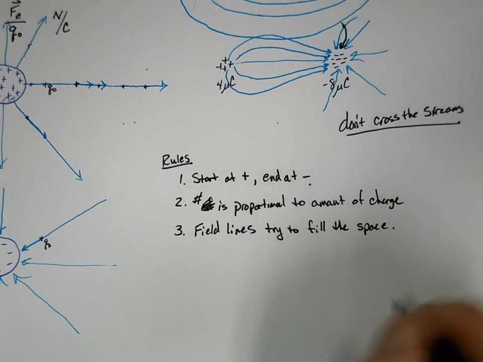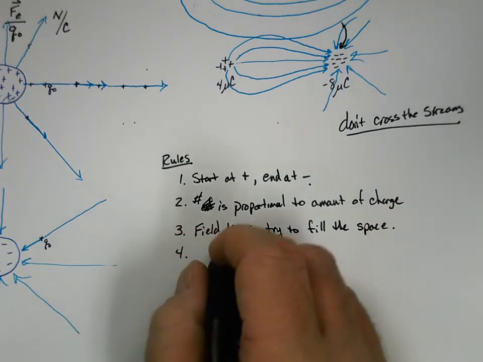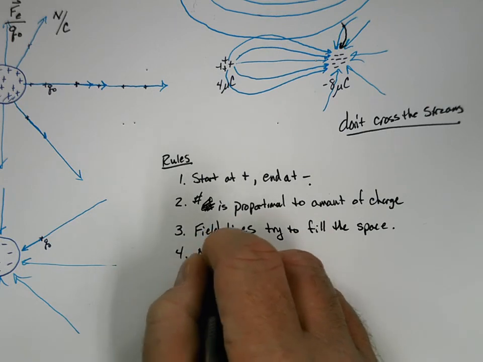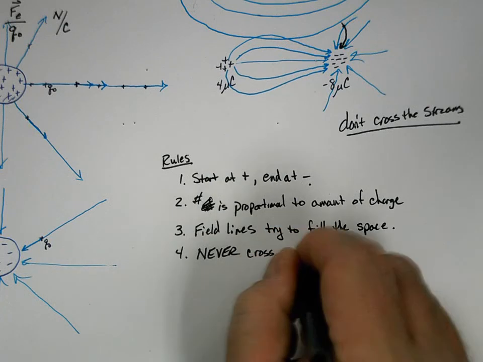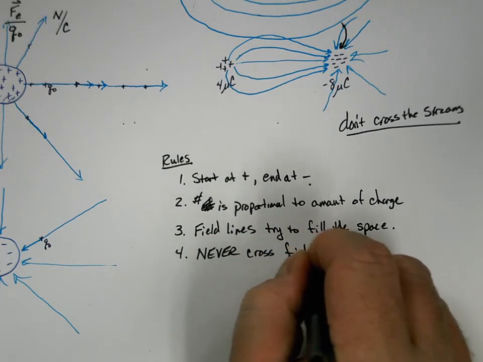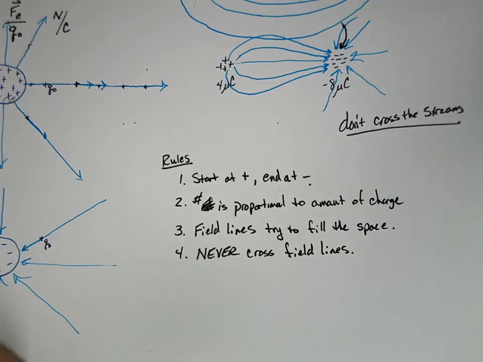And number 4, never cross field lines when you're drawing. Ever. Ever, ever. In fact, this might even be number 1. This is the overarching principle. Do not cross field lines.